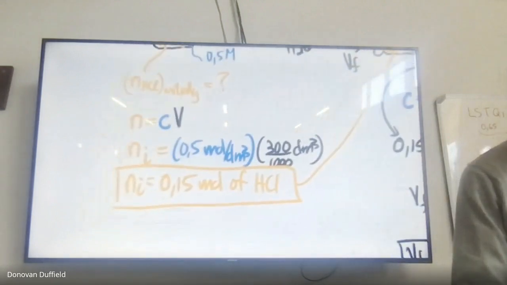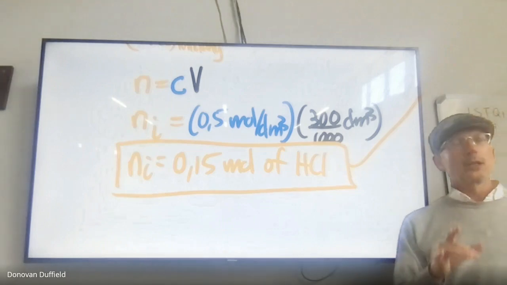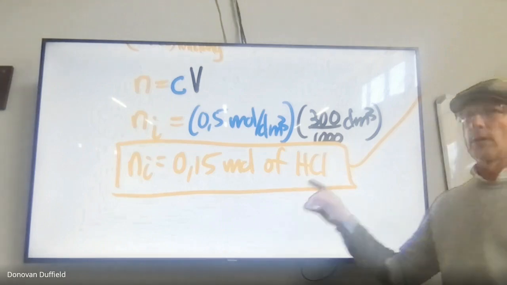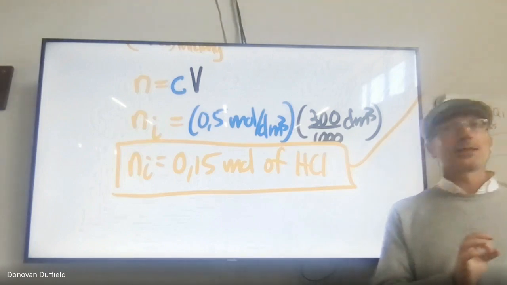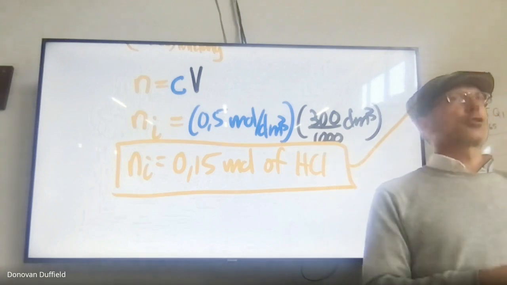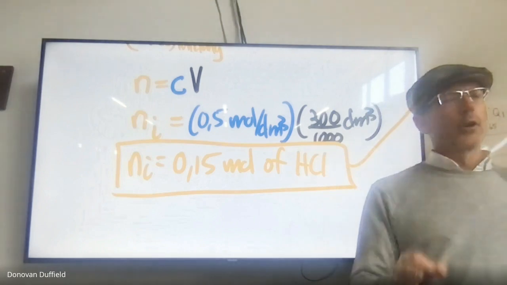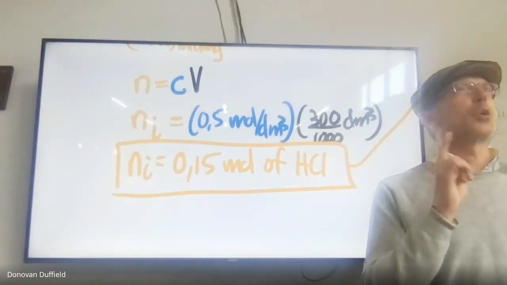And so you get that the number of moles of the solute initially is 0.15 mole of HCl. Now, the key thing is, when you dilute, you add volume of solvent, but you do not change the number of moles of solute.